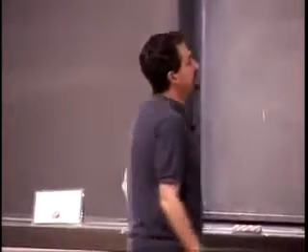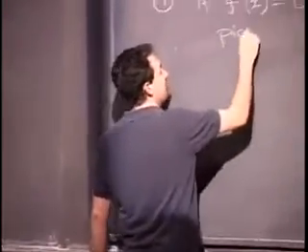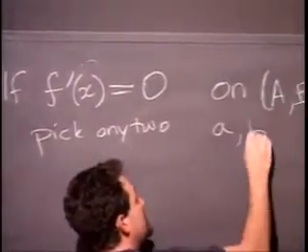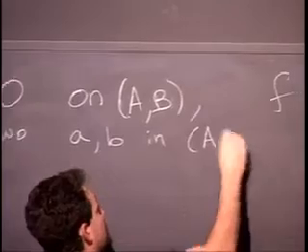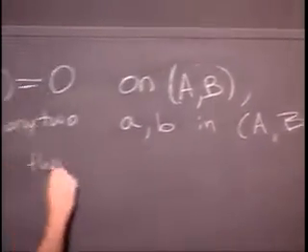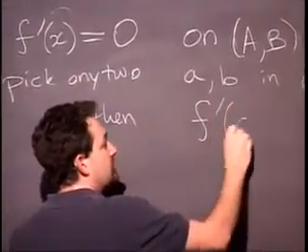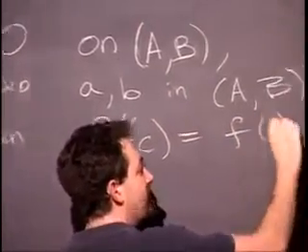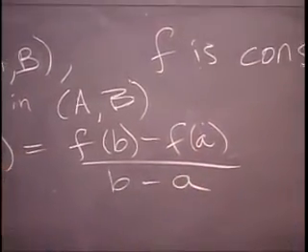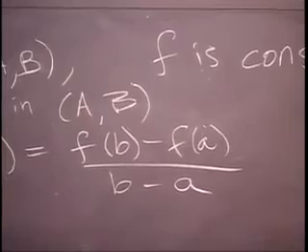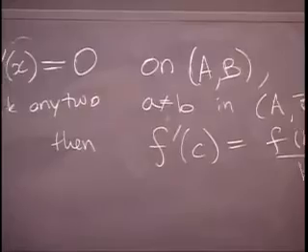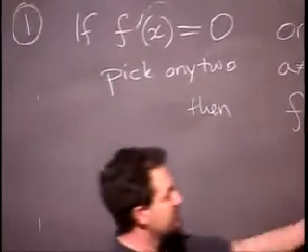Okay, so here's how I do it. I pick any 2 numbers, A and B in A comma B. Then I can use the mean value theorem since everything's differentiable. I just want to make sure that A is not equal to B. Obviously, I don't pick the same thing twice, or else this fraction doesn't even make sense.